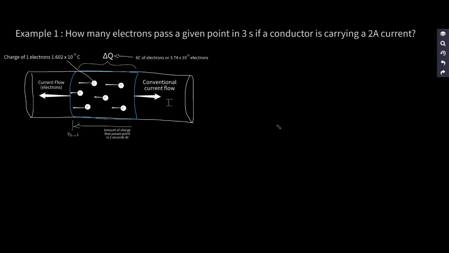My next issue was, okay, coulombs, I see that this is measured in C, what's going on? Coulombs is the SI unit for electric charge. One coulomb represents the quantity of electric charge transported by a constant current of 1 ampere in 1 second.